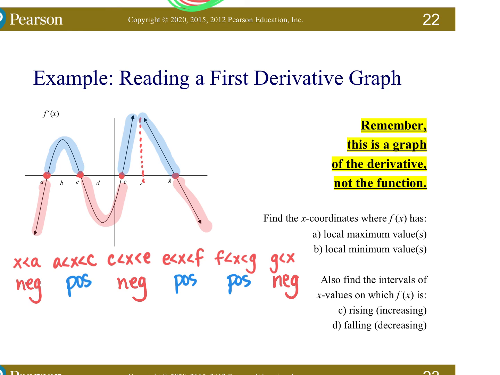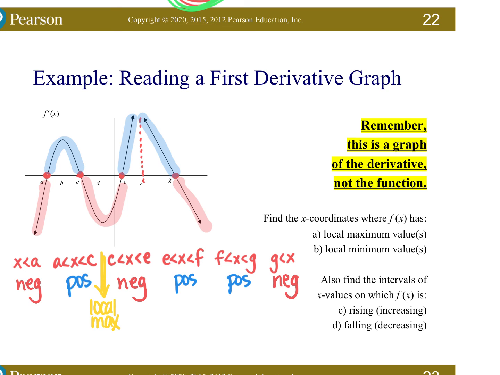C. Say it again. C. Okay, why do you think it's C? Because the derivative is going from positive to negative. Awesome. All right, he's right. He identified C as a local max because the derivative changed from positive to negative, and that's always a max.